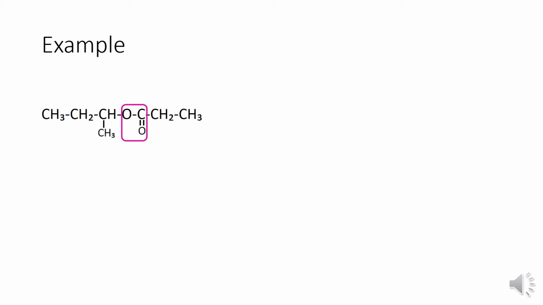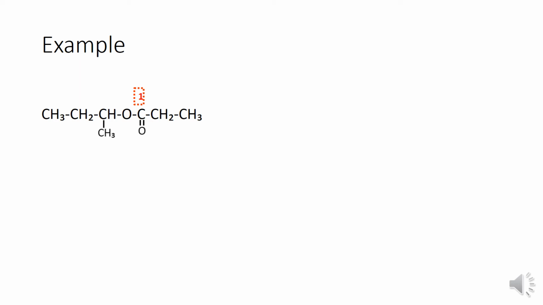Now, from this structure, can you figure out which alcohol and which acid reacted to give this ester? Starting from carbon C double bond O, we can figure out the acid.